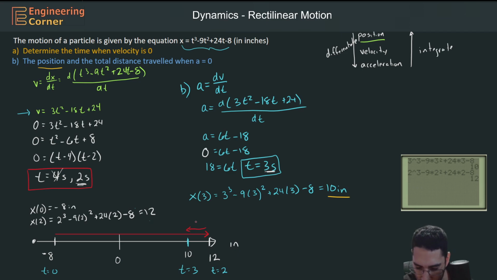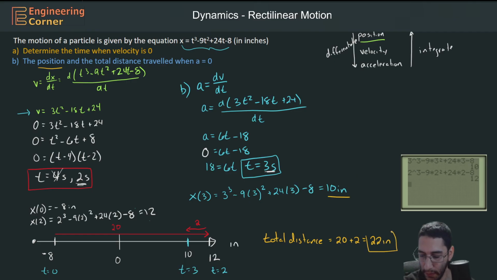We know that this is a distance of 2, and from minus 8 to 12 is going to be 20. So my total distance is going to be equal to the 20 plus 2, or 22 inches. So that's the total distance that I've traveled.